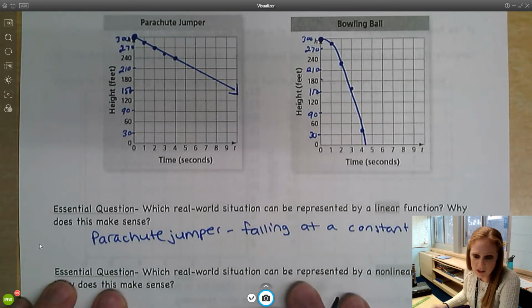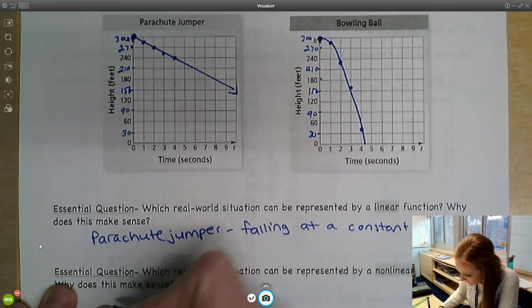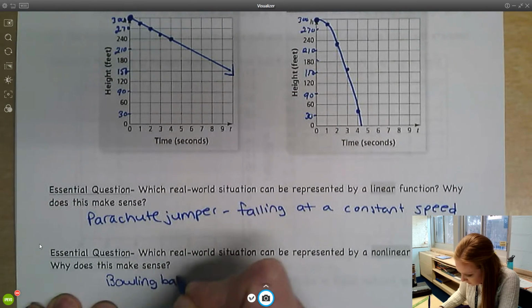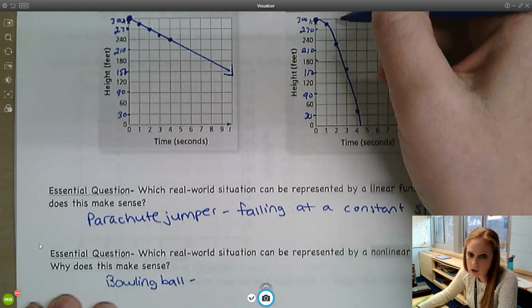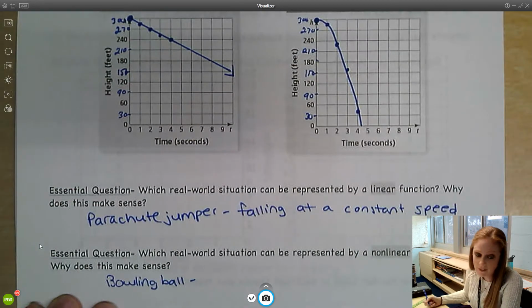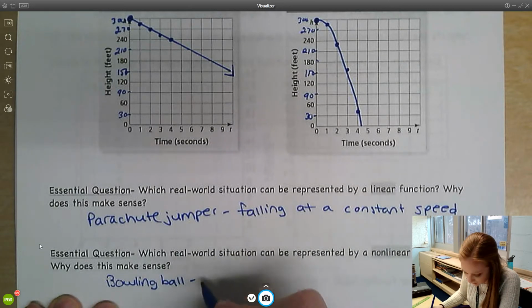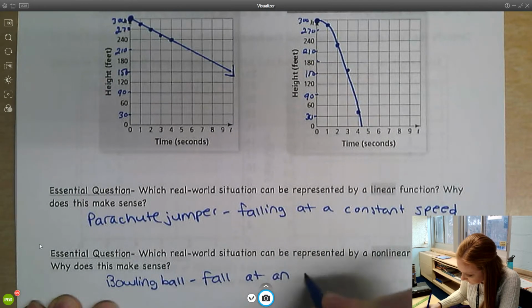Okay, and which one can be represented by a nonlinear function? Well, our bowling ball created a curved graph. The speed was getting faster and faster. It started out falling slowly, and then it fell a lot faster. So the speed is not constant. The slope is not constant. So it is falling at an increasing speed.